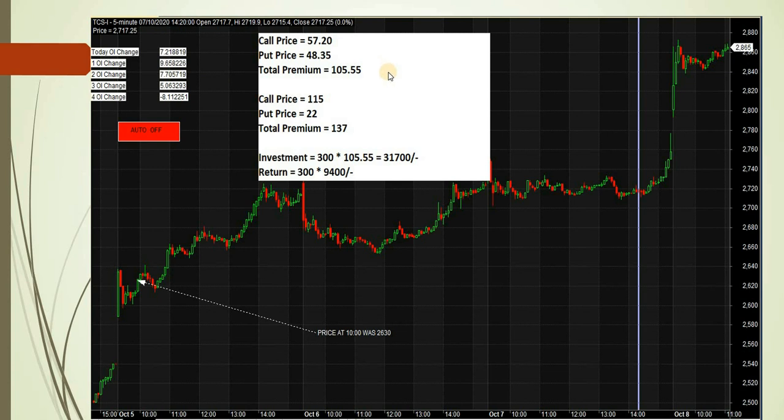What we are expecting is for the stock to give at least a 5% move. 2630 into 105% comes to 2760. On 7th of October it gave a close of about 2760. Let's say on 7th of October closing we are squaring off our position.